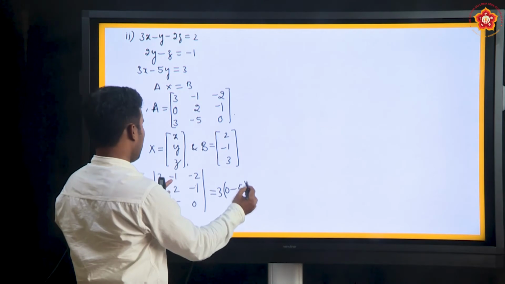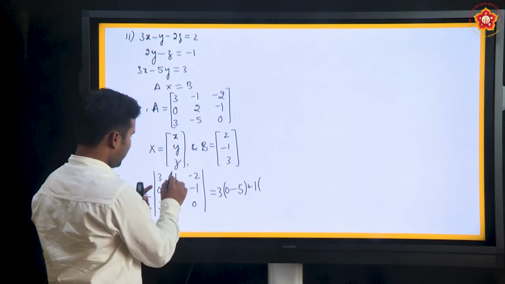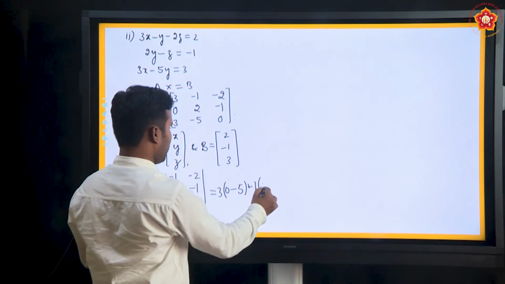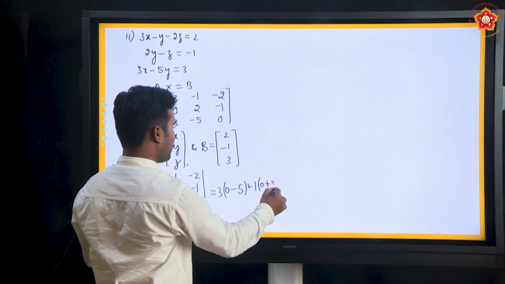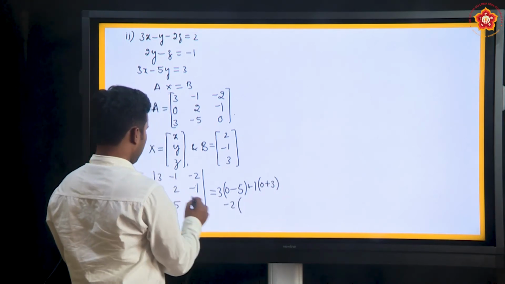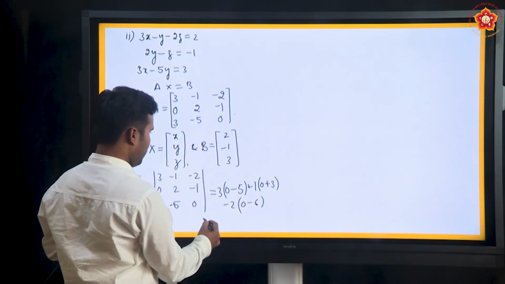So, minus of minus 1, that is plus 1, into, delete the second column, first row: 0, minus of minus 3, it will be plus 3, minus 2, 0, minus 6. What is the answer?